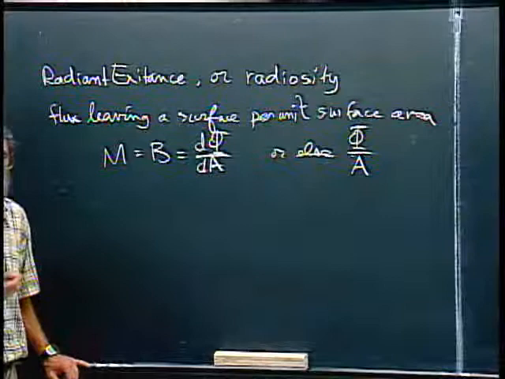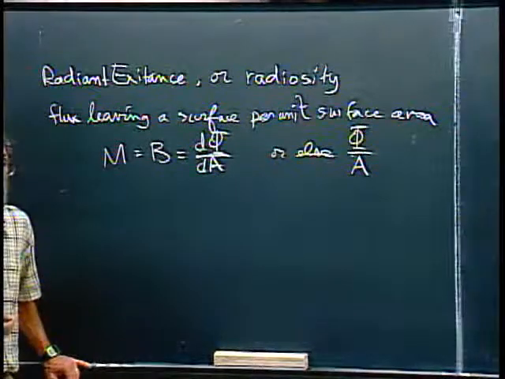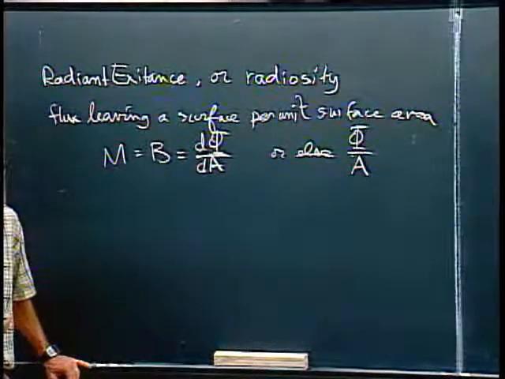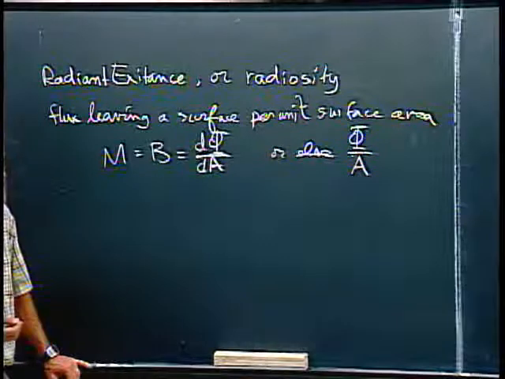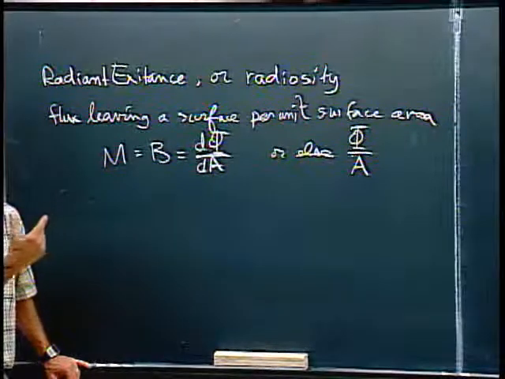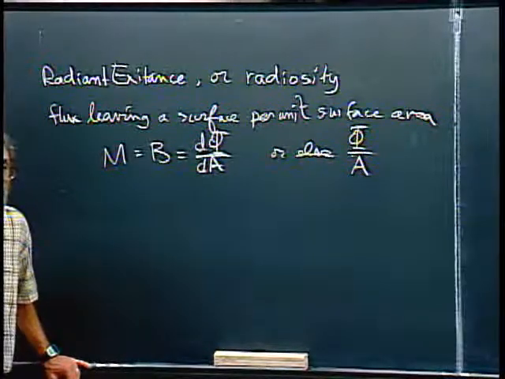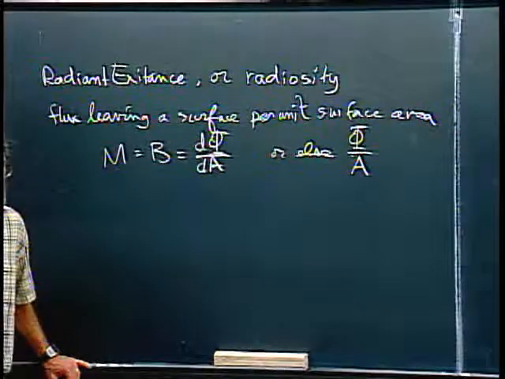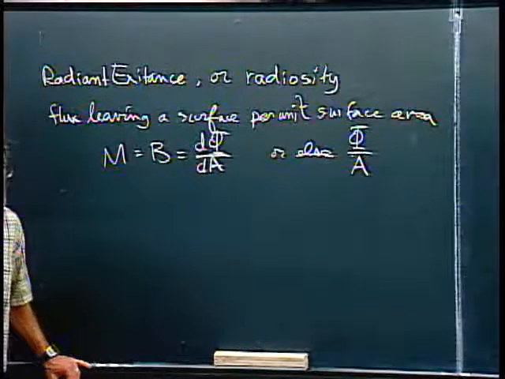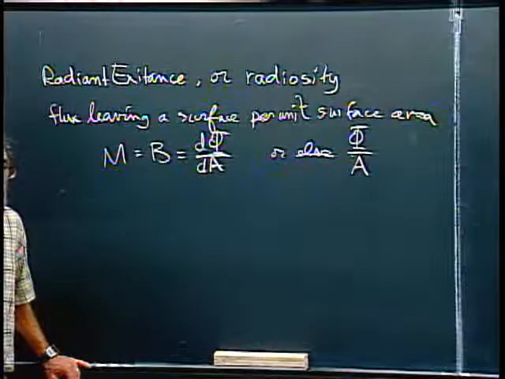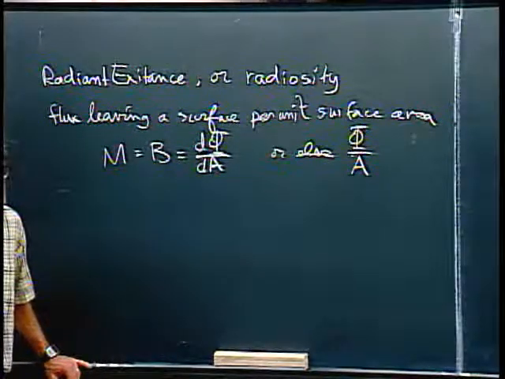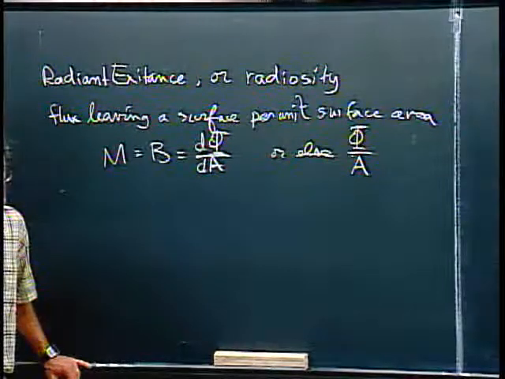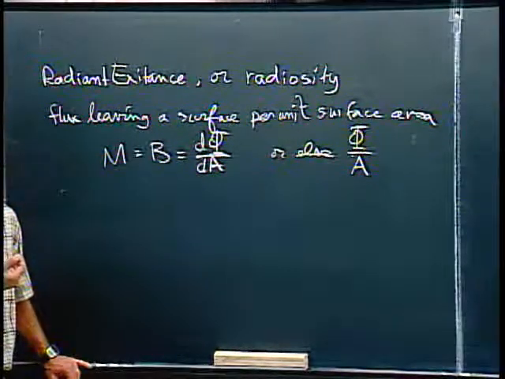Okay, now that really doesn't say how bright something appears. Because if you had flux that was heading only in one direction, and that wasn't the direction you were looking in, the surface wouldn't appear bright. Another way to think of it is, suppose you're looking at the sun from Jupiter, and you're looking at the sun from the Earth.